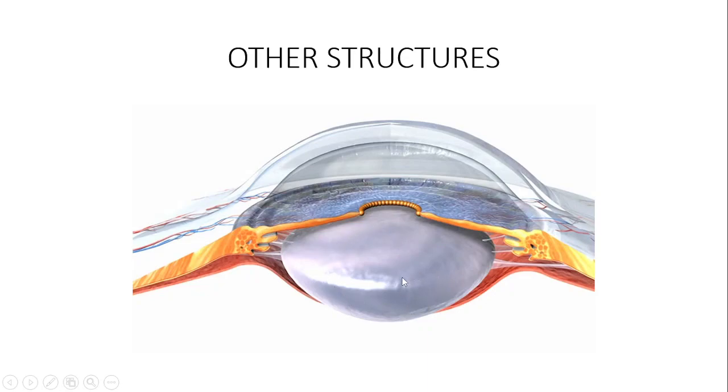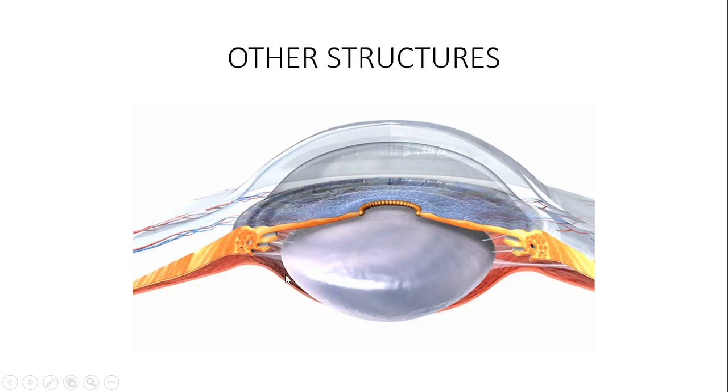That's the crystalline lens. You see, it is held in place by the zonules of zinc. They hold the crystalline lens in place, okay, to the ciliary body.